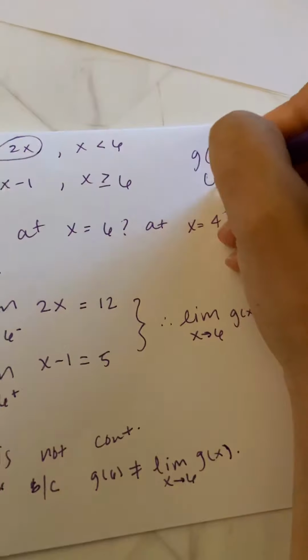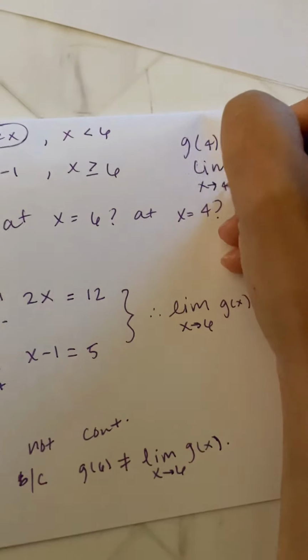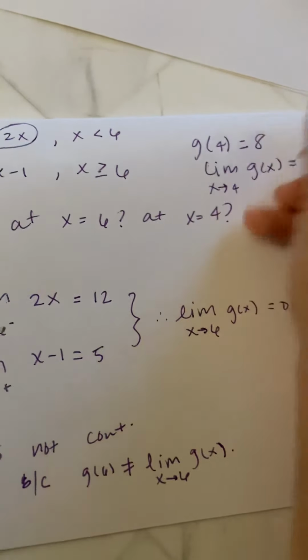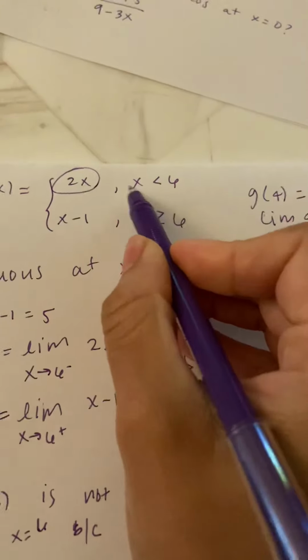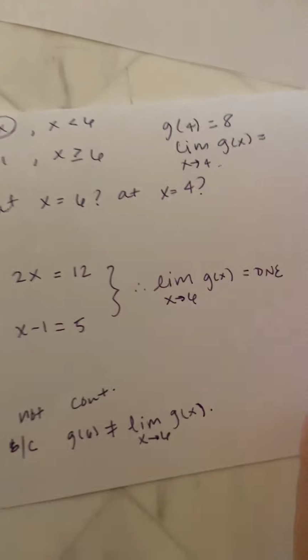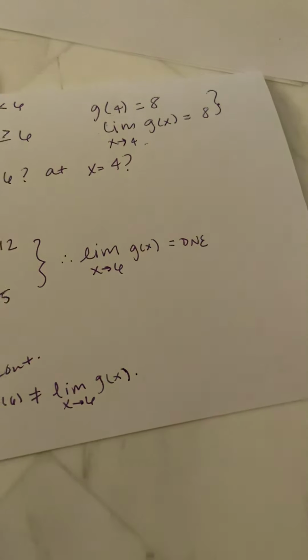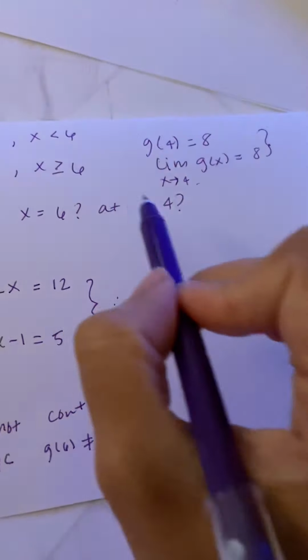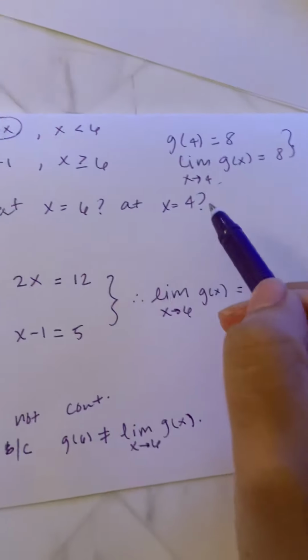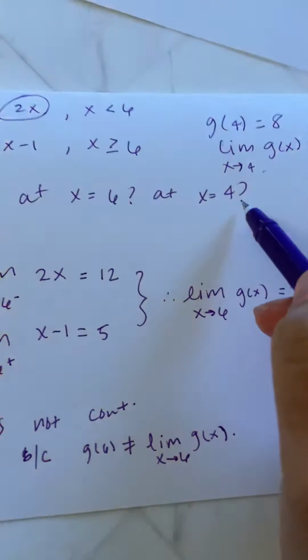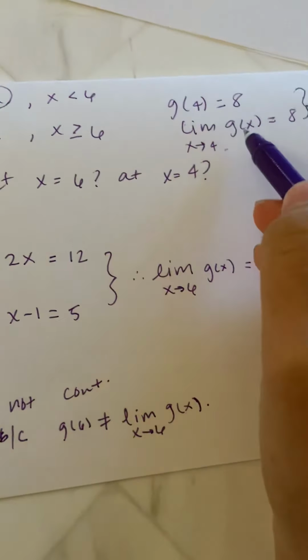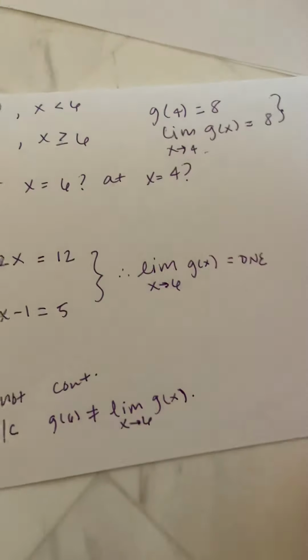And then the limit as x approaches 4 of g of x, well, 4 again, it only applies to this same equation. So you get the same thing, right? So your conclusion here is that the function g is continuous at 4 because the function value and the limit both equal the same thing.